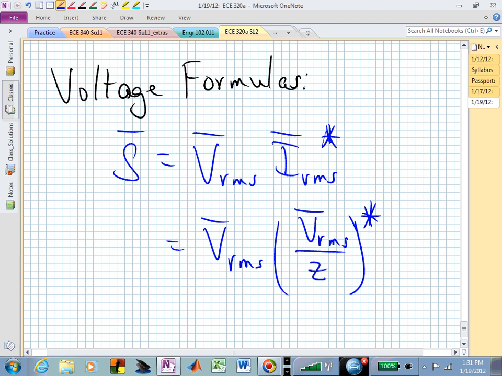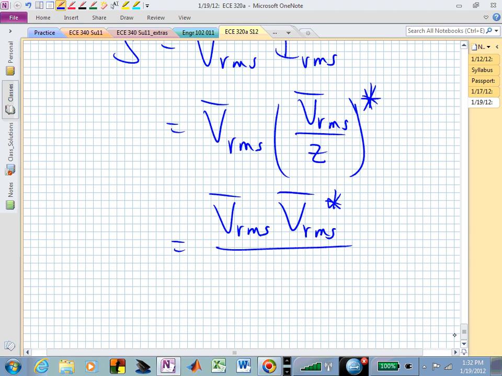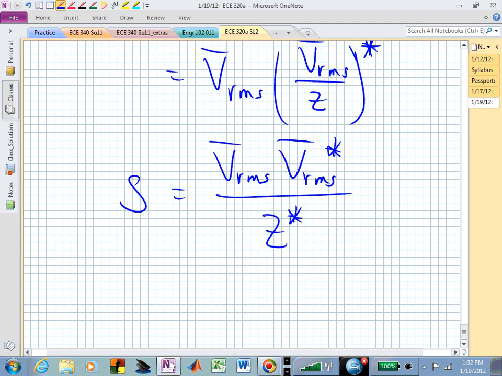That expression needs to be conjugated. And now we can conjugate the numerator, conjugate the denominator independently and use that information. Meaning we now have V RMS times V RMS star all over Z star. And that's our complex power, which we know what V V star does.